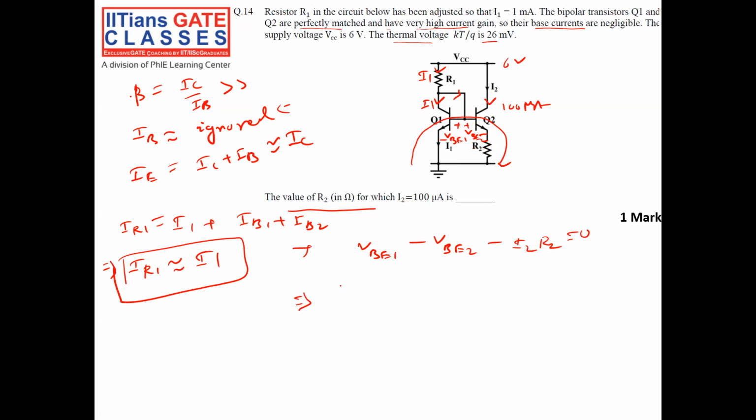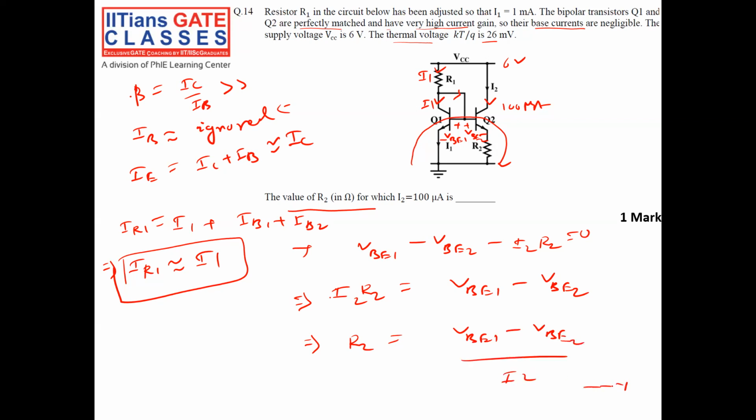This implies I2 into R2 equals VB1 minus VB2. This implies R2 is equal to VB1 minus VB2 by I2. So this we have to solve. Equation 1, let us take it.